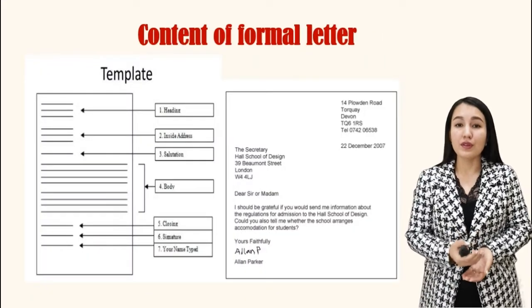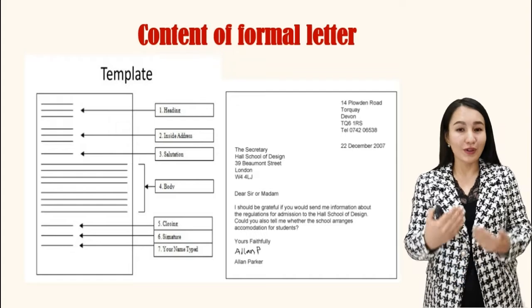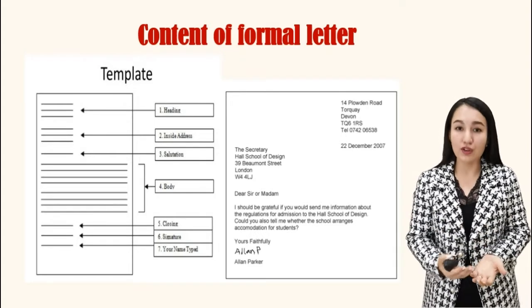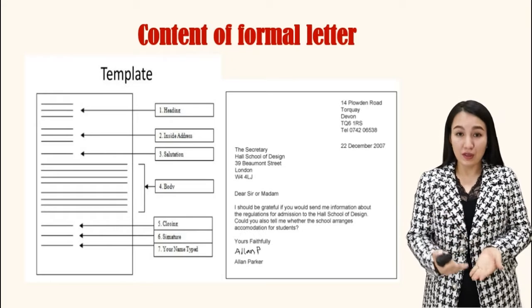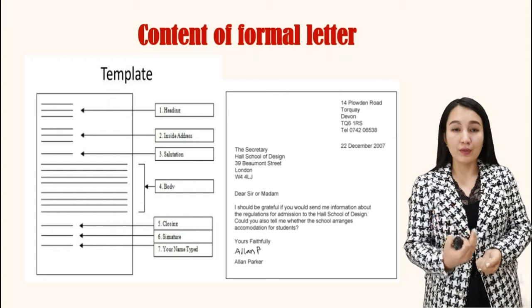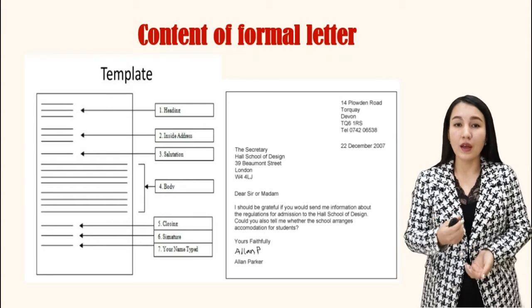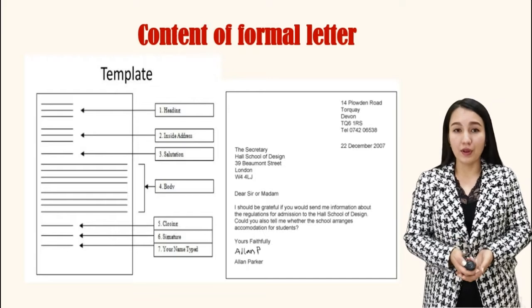For some students, remembering the structure of how to write formal letters is difficult. That's why for these students, we advise using a template. Here you can see the template on the screen and the sample.